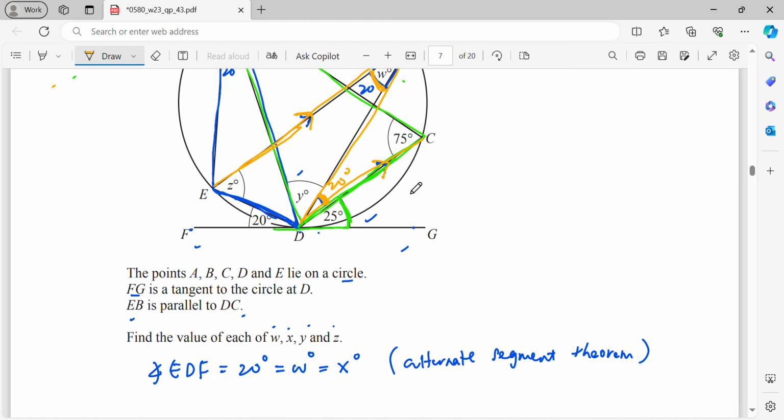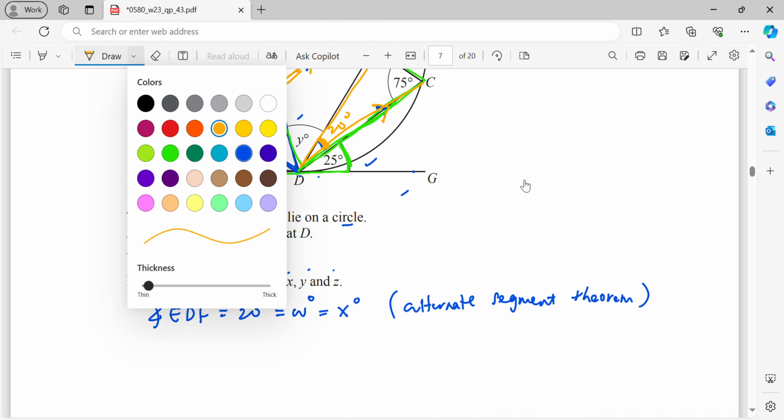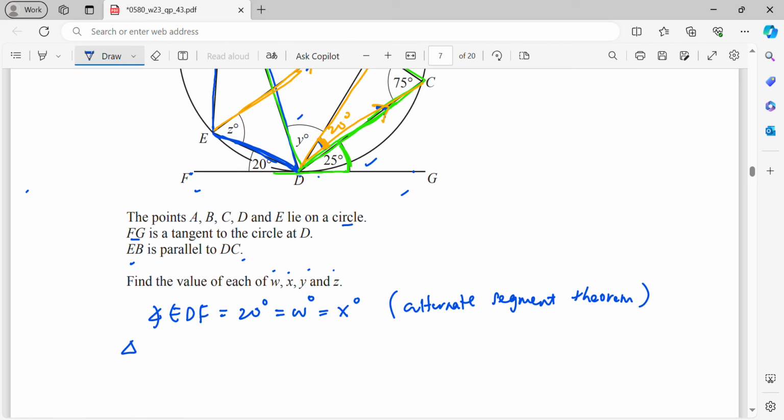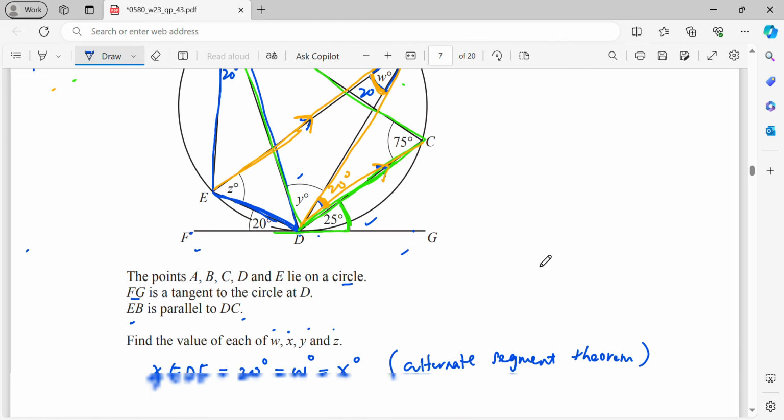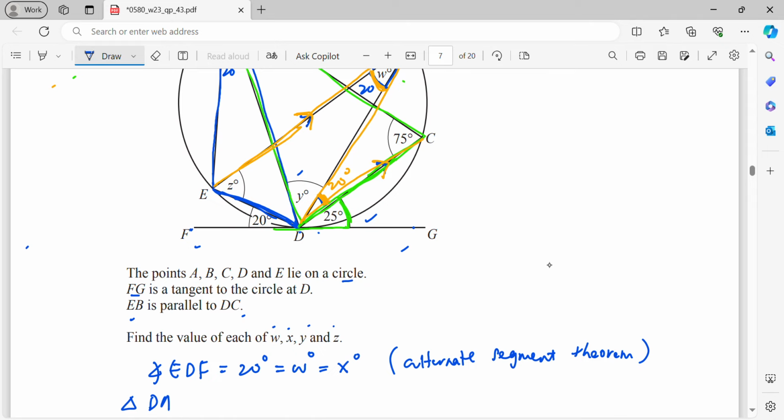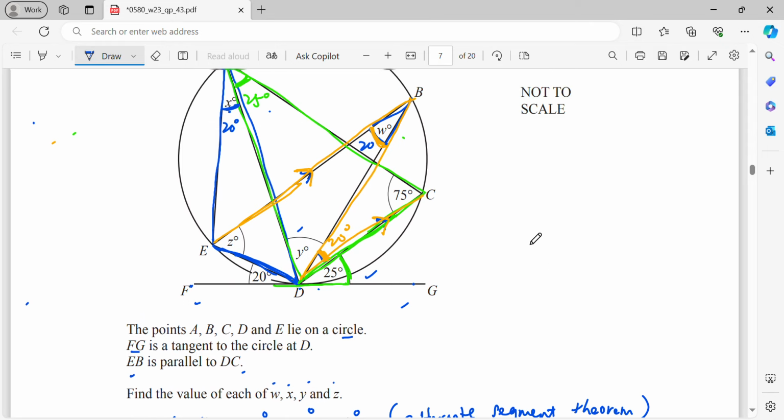So now, to get the Y, I refer to triangle DAC. My total angles here, 25, Y, 20, and 75 will be 180 degrees.